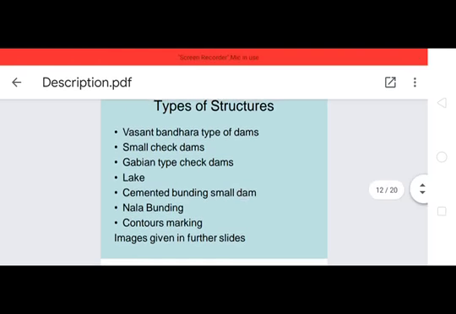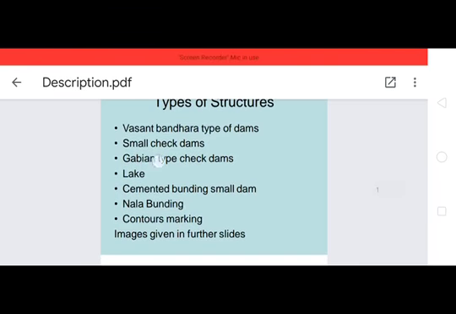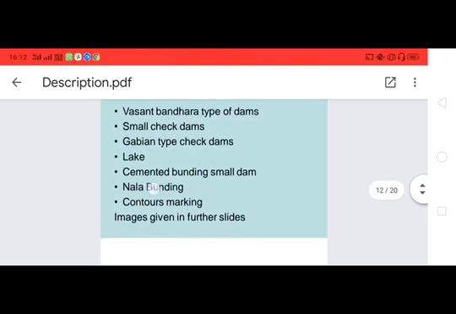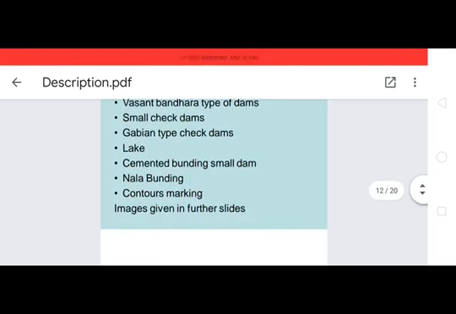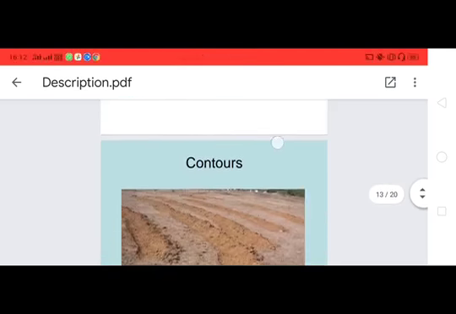That is Vasant Bandhara type of dam, small check dam, Gabion type check dam, lake, cemented bunding, small dam, nala bunding, and contour marking. Images are given in the next slides.